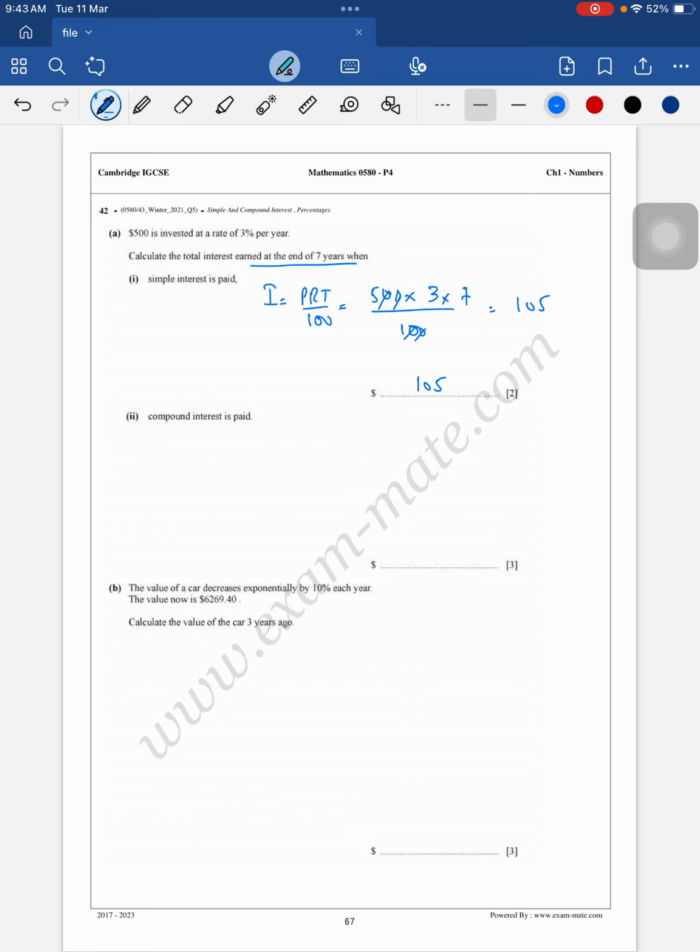Now when compound interest is paid, we have the formula: amount is equal to P times 1 plus R upon 100, power n. Total amount we don't know. Principal is 500. 1 plus 3 upon 100, and 3 upon 100 is 0.03, for 7 years, right?